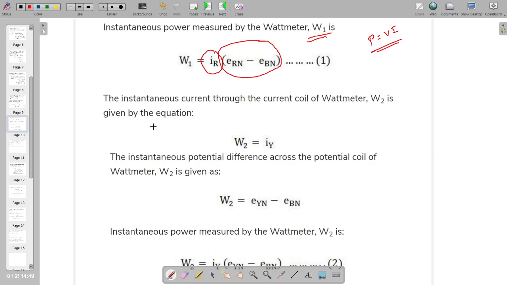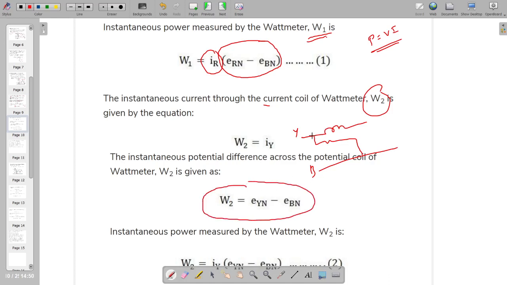The instantaneous current through the current coil of wattmeter 2, that is W2, is connected to the Y phase, and the potential coil is between Y and B phase. So the instantaneous voltage is given as EYN minus EBN.